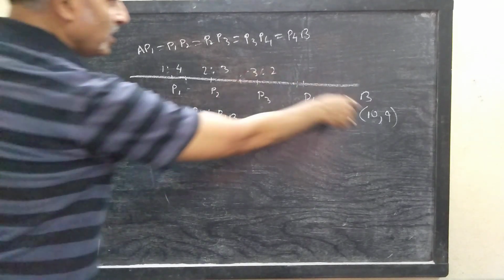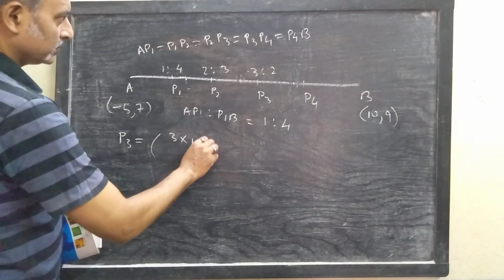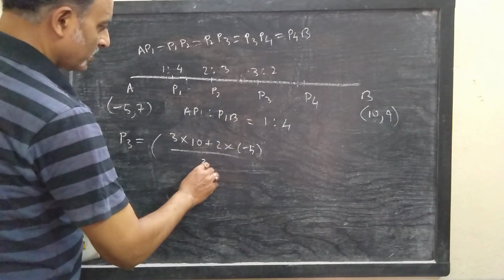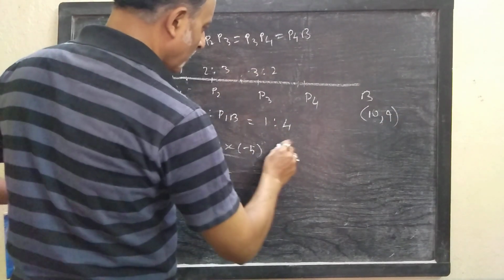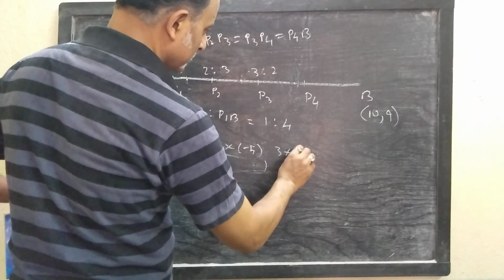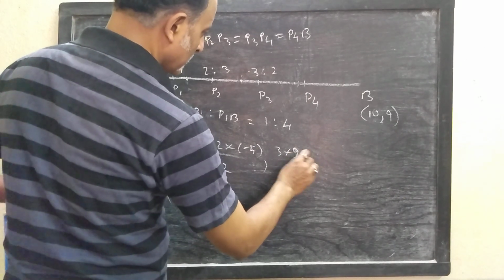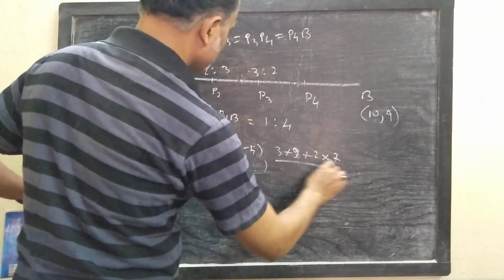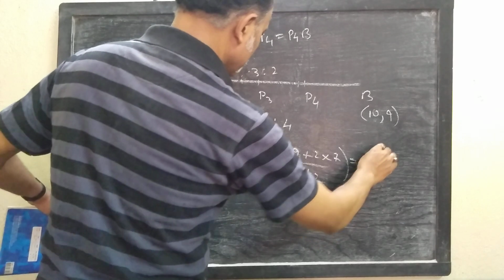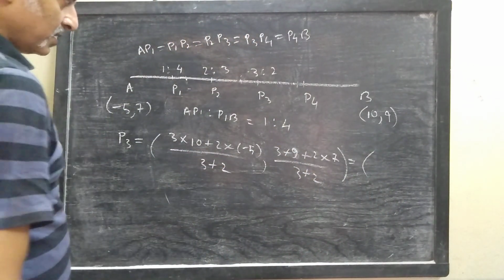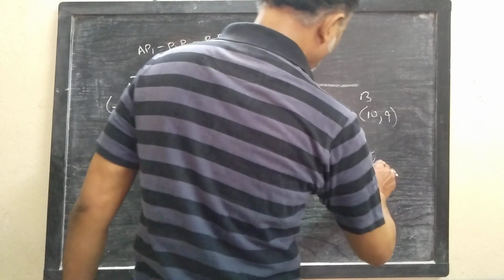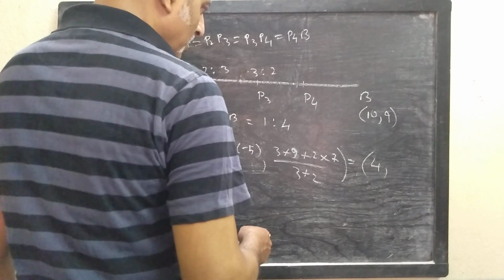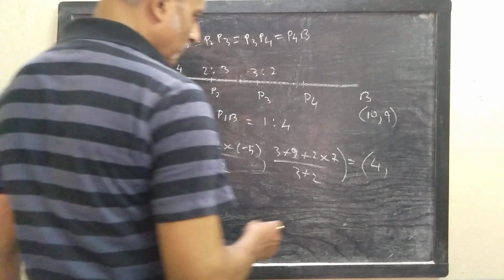P3 will be 3 into 10 plus 2 into -5, by 3 plus 2, then 3 into 9 plus 2 into 7 by 3 plus 2. So this will be 30 minus 10, 20 by 5, that is 4. Then 3 nines are 27 plus 14, 41 by 5.